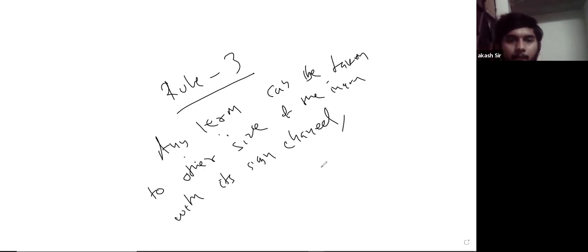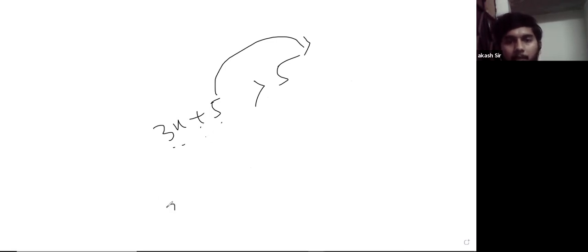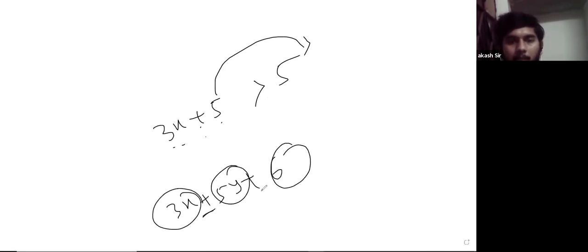So what this says is, if I have an equation like this, I can simply take this term. You know terms, right? The quantities that are separated by a plus or minus. There are 2 terms here. I can take this term to the other side of the equation with its sign changed.